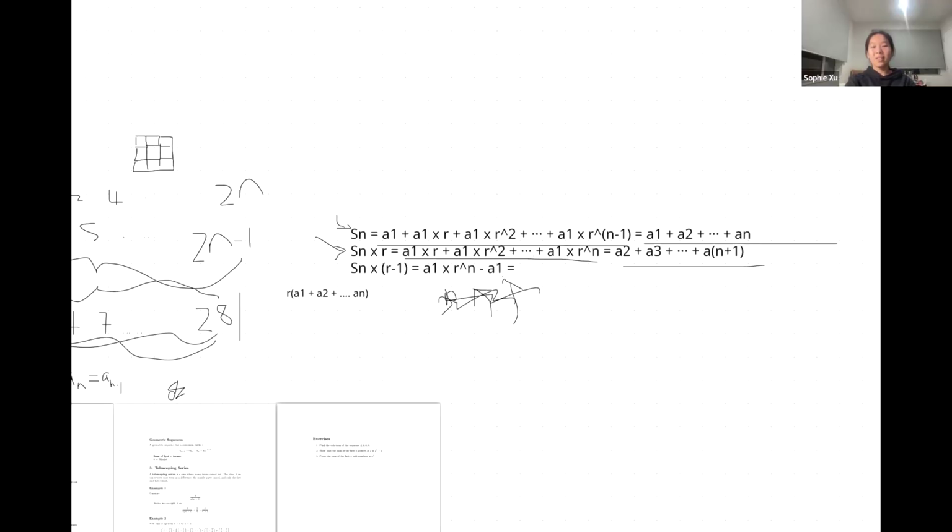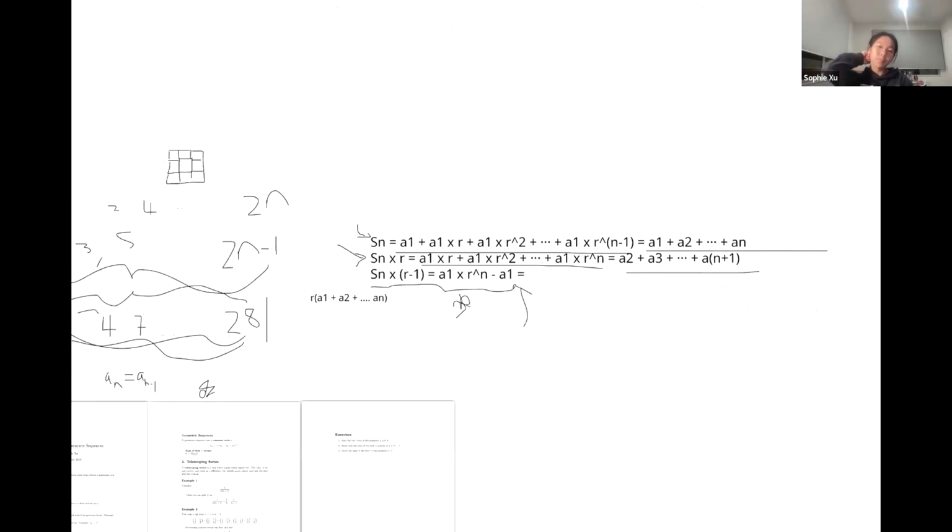What do you do to get Sn from this equation? You divide r minus 1 from both sides, and you should get the answer.